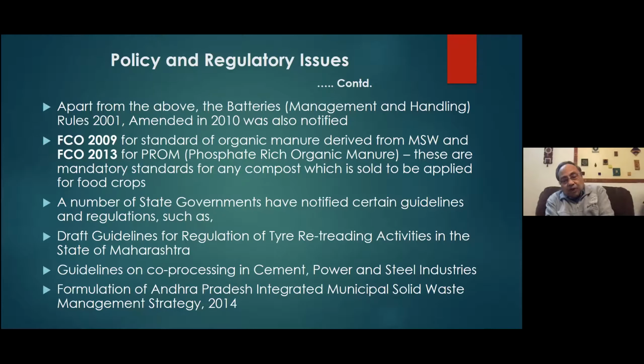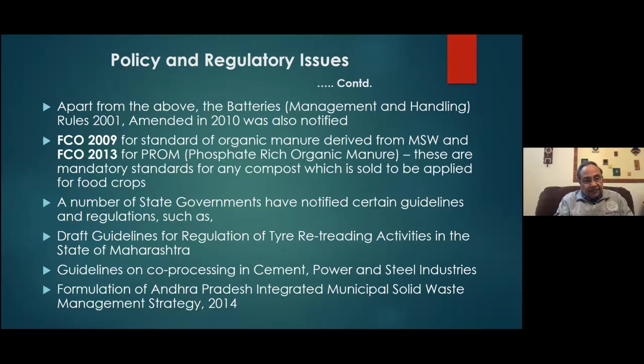See, the quality of organic manure produced from municipal solid waste had been a difficult issue. And therefore, a good market was not available, because if the user doesn't find that the quality is good, why should they purchase it?